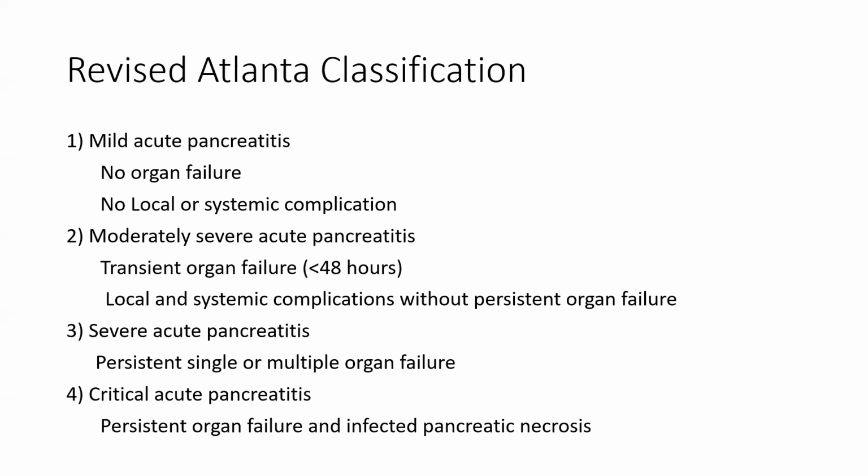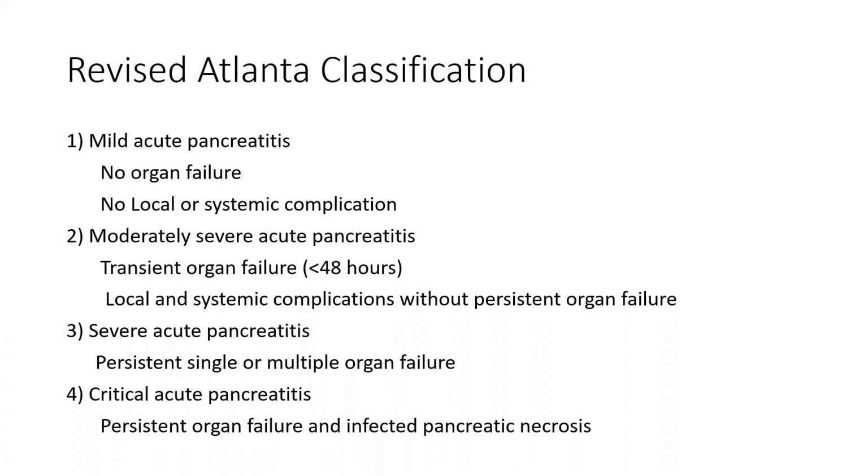Now the next is the Revised Atlanta classification. It includes four categories: mild acute pancreatitis, moderately severe acute pancreatitis, severe acute pancreatitis, and critical acute pancreatitis. We say it's mild when there is no organ failure and no local or systemic complication.